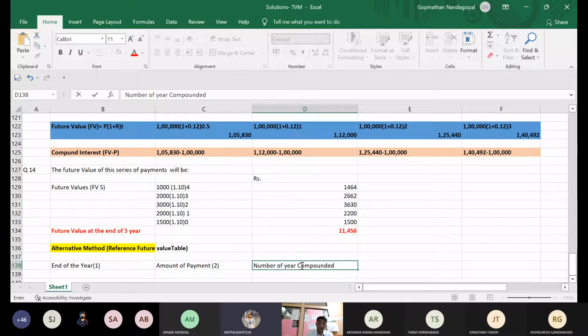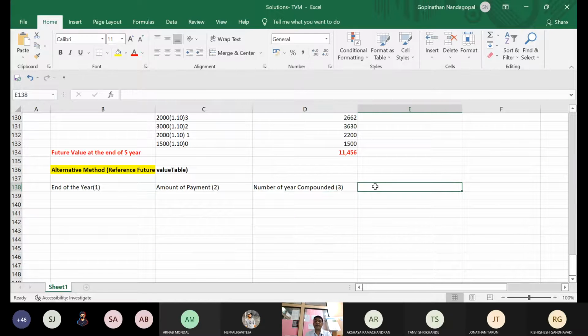Understood, sir. That is what I am doing, the alternative method. It will make it very clear. Compound interest factor, which you will do by referring to the table.